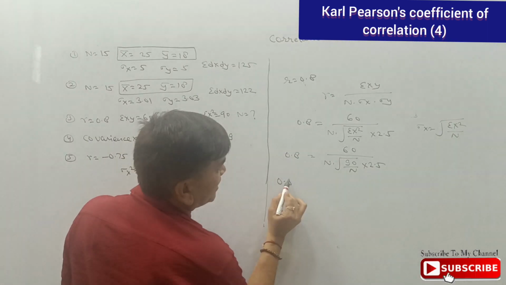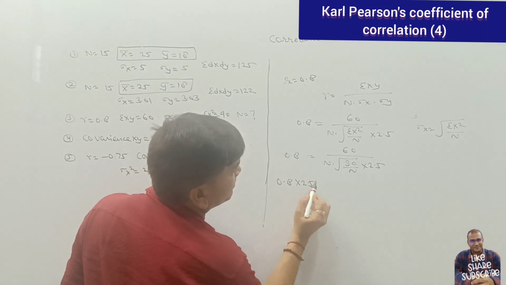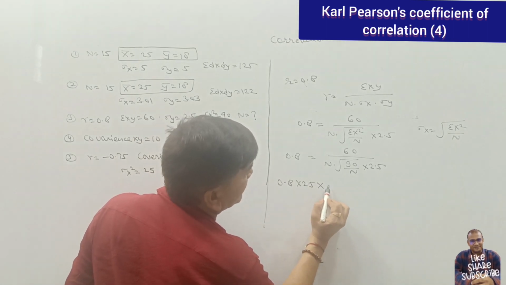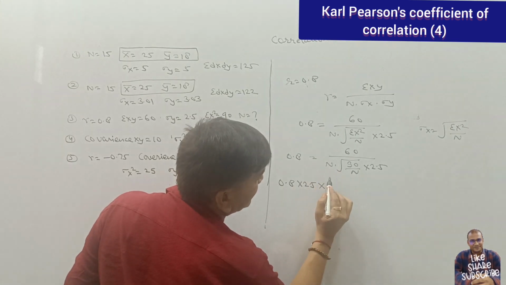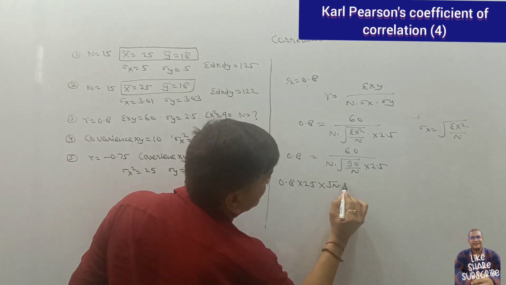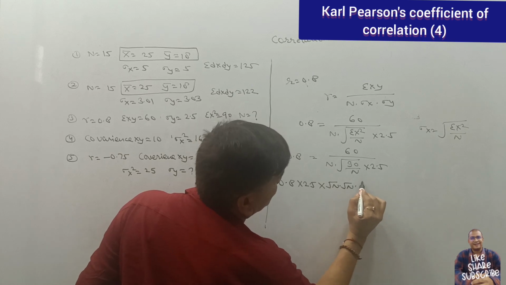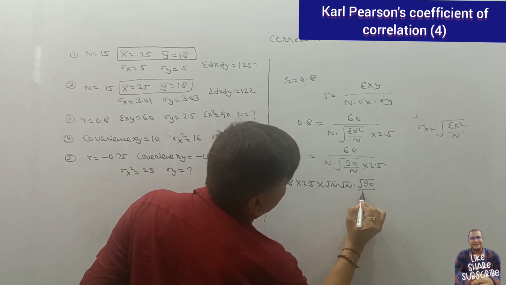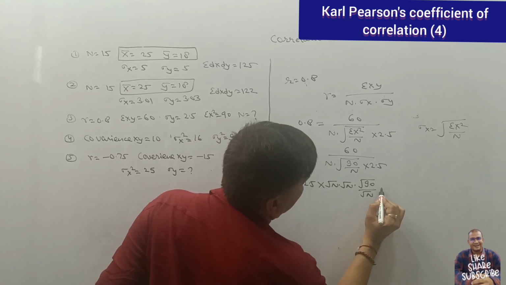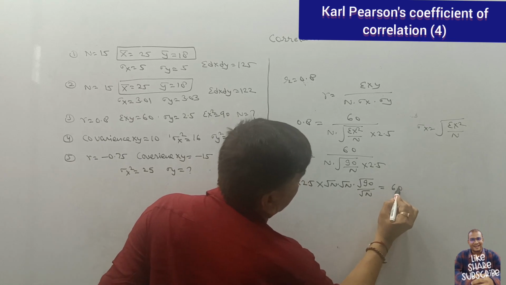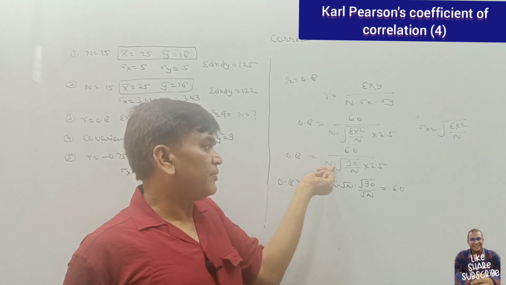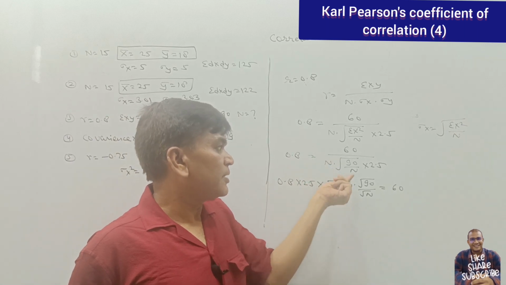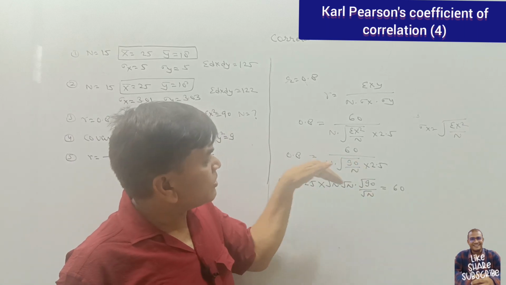So 0.8 multiplied by 2.5 multiplied by, writing n as root n times root n, root 90 by root n, equals 60.